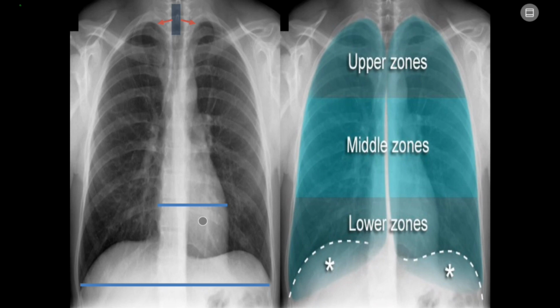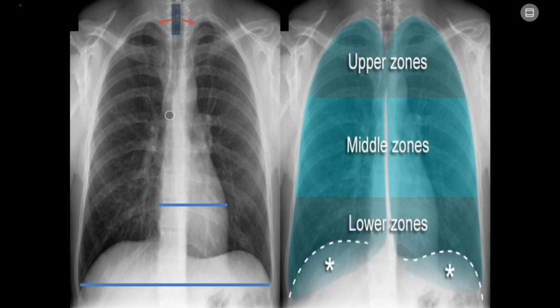The patient is erect and the projection is AP, or anterior posterior. So I want you to write here the position or projection of the patient, and here right or left.